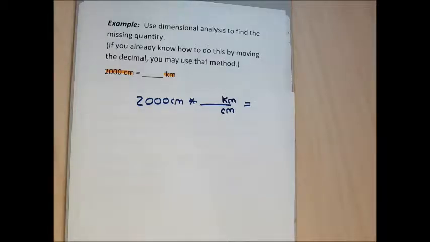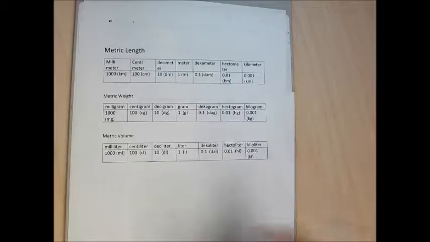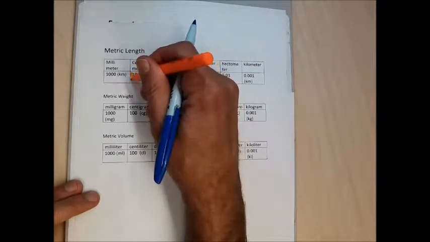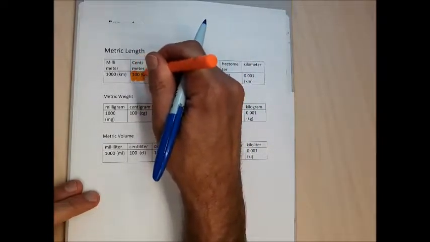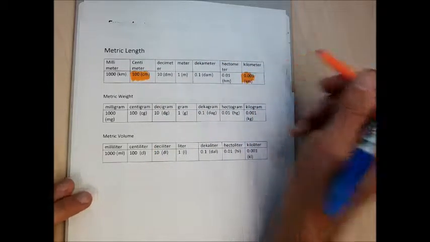To change from 2,000 centimeters to kilometers, I need to know a relationship between centimeters and kilometers, and it's going to be on this sheet. On this sheet here, everything in this table, at least in this top row or this top table, are equal to each other.